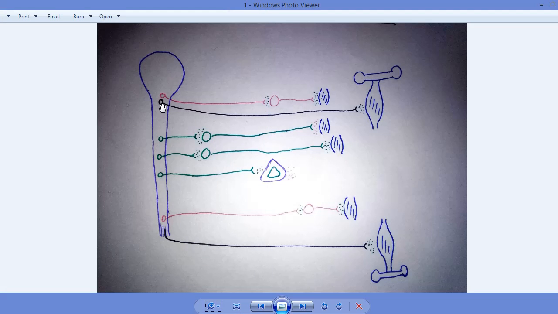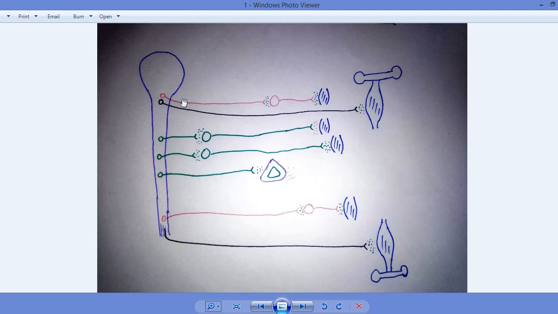All the somatic neurons which arise either from the brain or from the spinal cord will make a junction with the muscle connected with the bone, and at that neuromuscular junction, the neurotransmitter secreted will be acetylcholine. So acetylcholine is the neurotransmitter of the somatic nervous system.